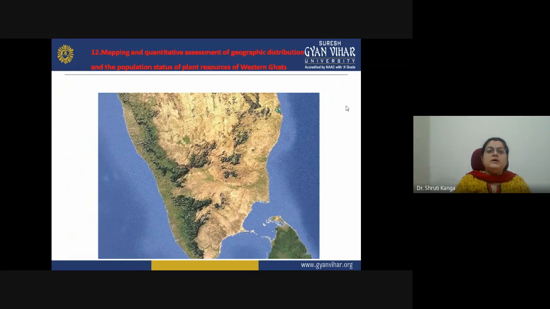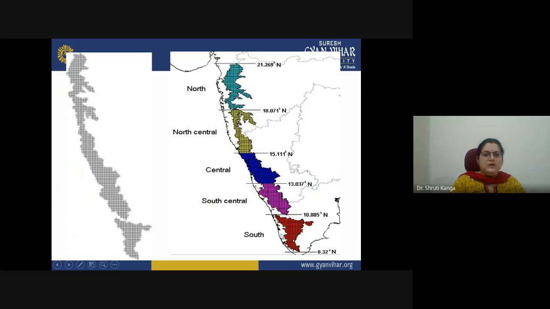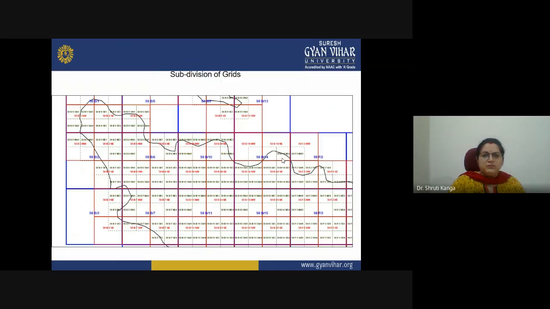Now, mapping the quantitative assessment of geographic distribution and the population status of plant resources in the Western Ghats. Okay, so in Western Ghats, the population status of the plants is also being done with the help of different mapping and remote sensing data sets. So these are the things done.